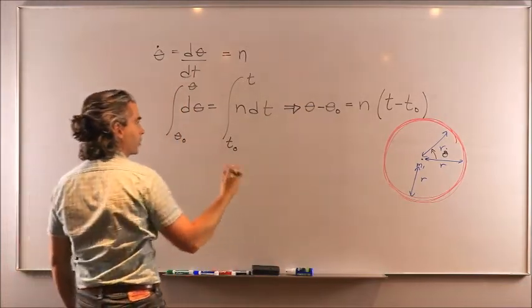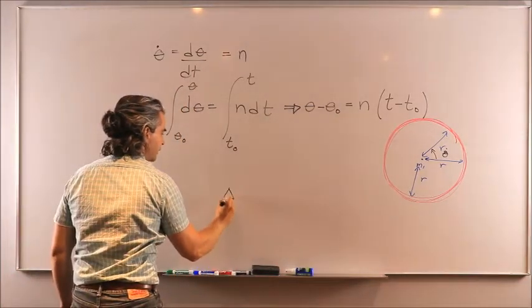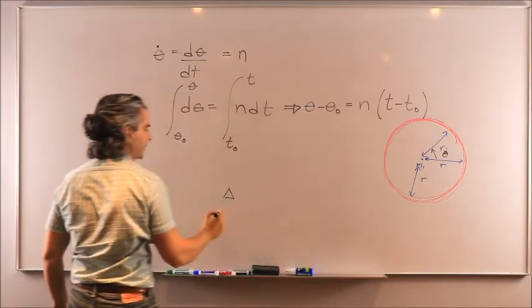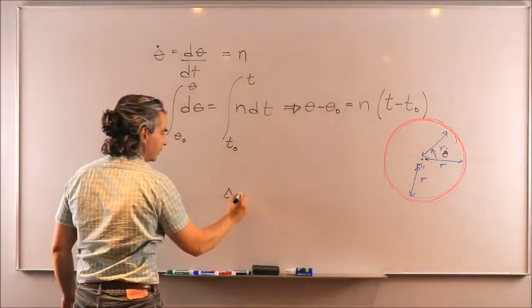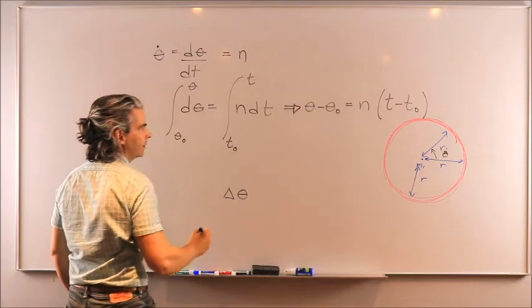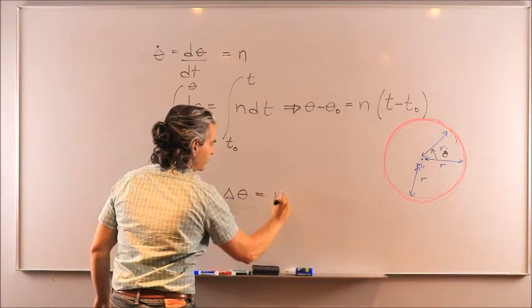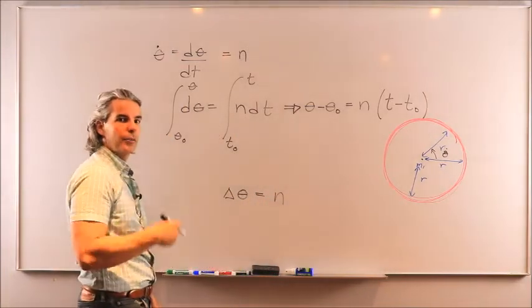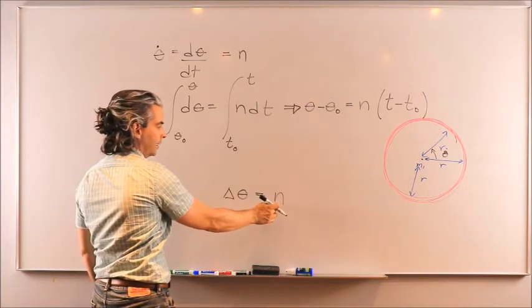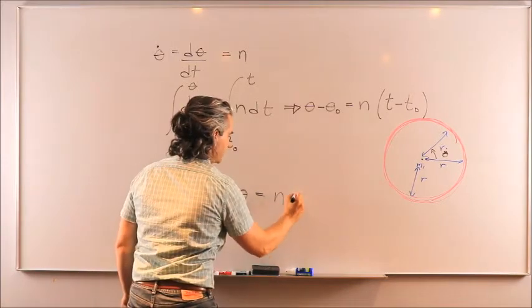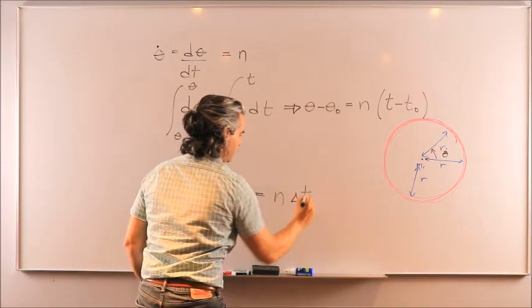Or, in a more compact form, I'm going to say that this side here can be rewritten as a difference in true anomaly angles, so delta theta equal to the mean orbital rate, or the mean orbital motion n in radians per second, times a difference in time, delta t.